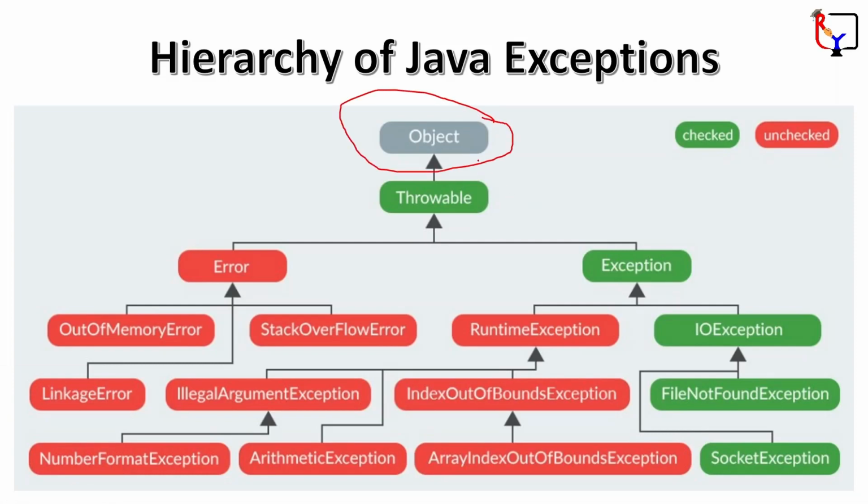From Object we have Throwable. Throwable has two parts: one is Error and the second one is Exception.